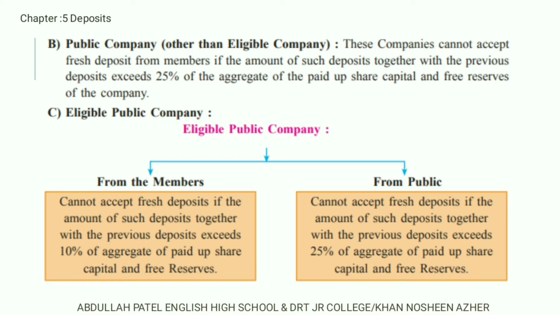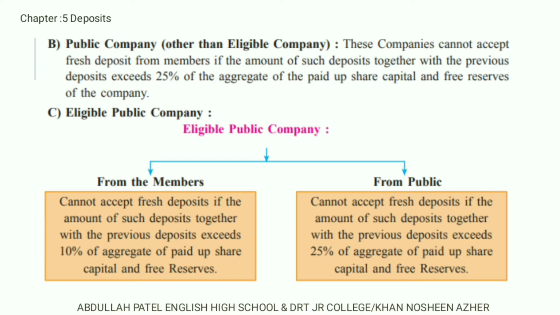But there is a condition. You cannot accept a deposit if the amount of such deposit together with the previous deposits exceeds 10% of the aggregate of the paid up share capital and free reserves. That means overall you can collect 10% from the members, not more than that.